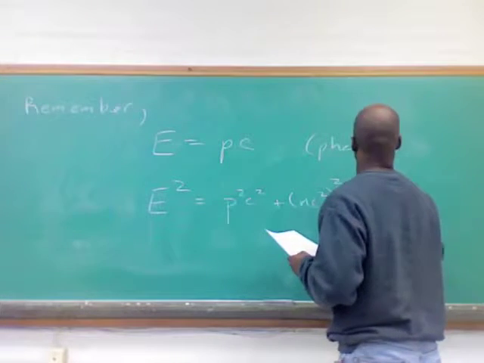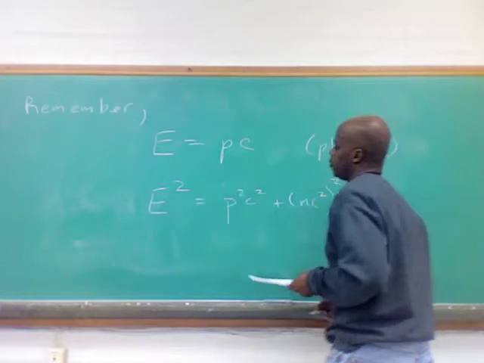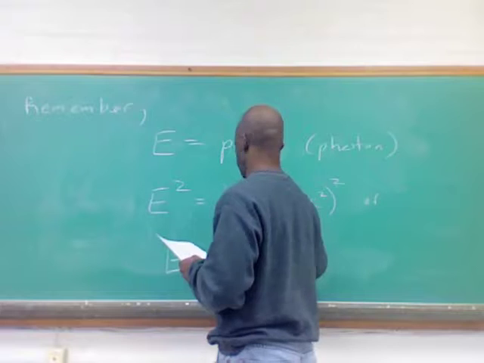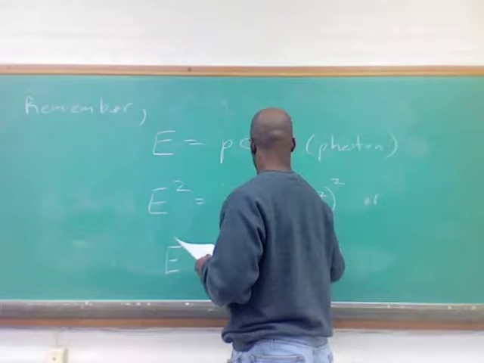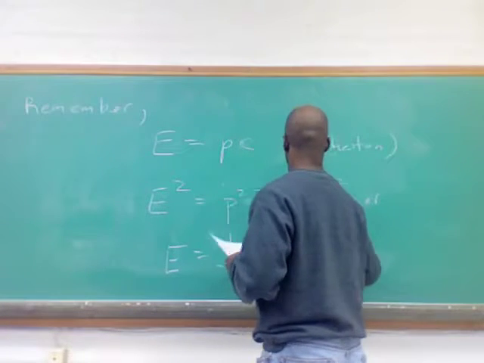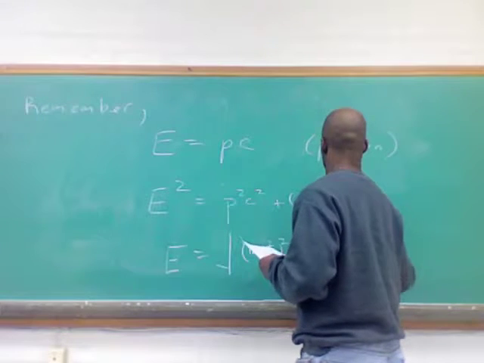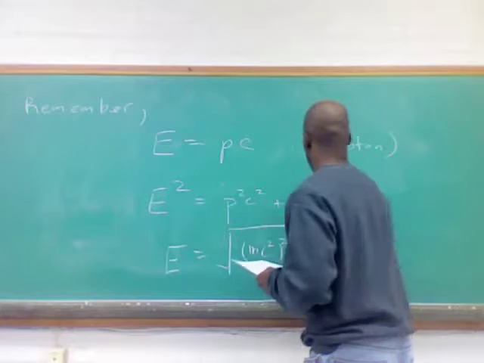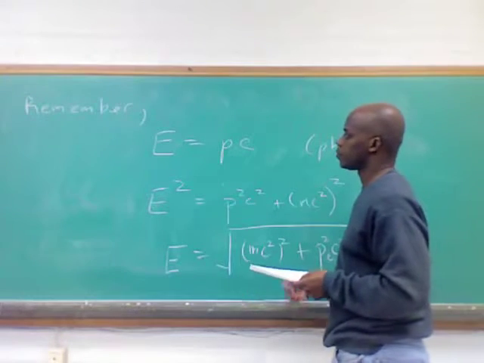We've got that the energy is equal to the square root of m squared c to the fourth plus p squared c squared. I'm going to put the electron now for electron.